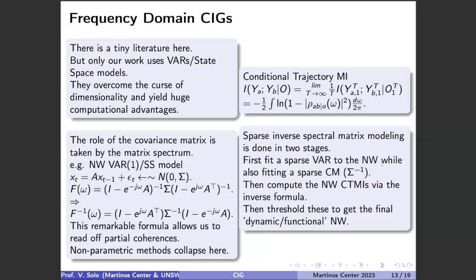So there are two stages I'm doing at the moment. I first just fit the sparse autoregression. And then once I've got it, I compute the mutual informations between all the links that are left using this formula down here. So it's computationally cheap.